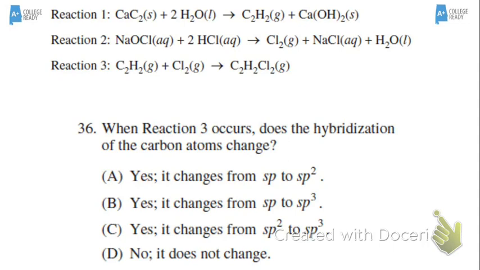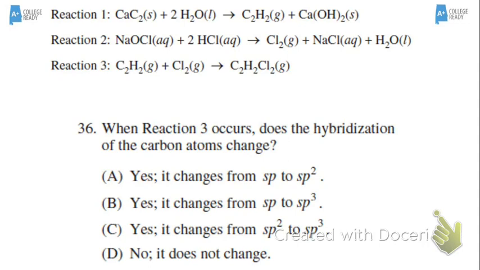It says, when reaction 3 occurs, does the hybridization of the carbon atoms change? So go ahead and pause the video. Alright, so let's look at this molecule.